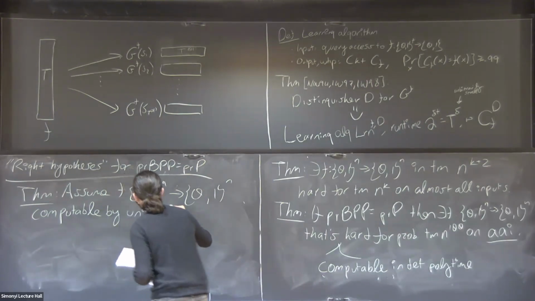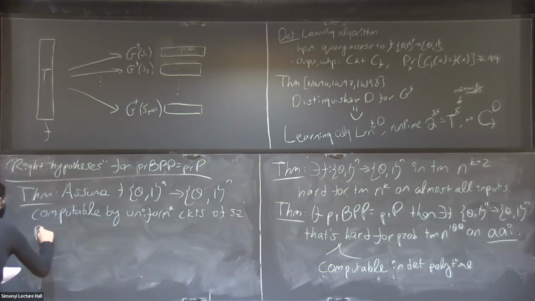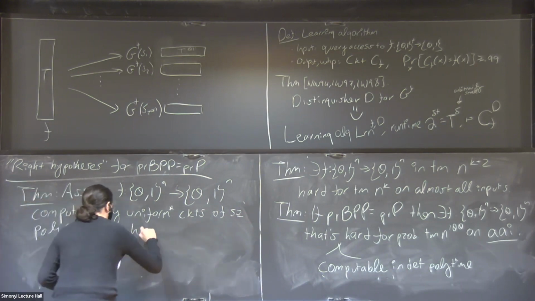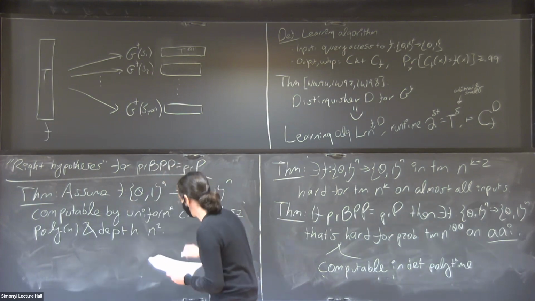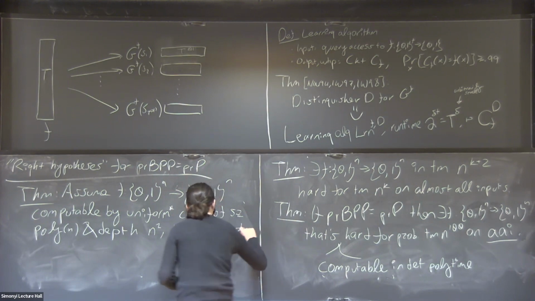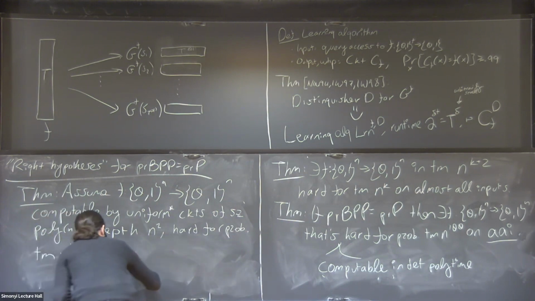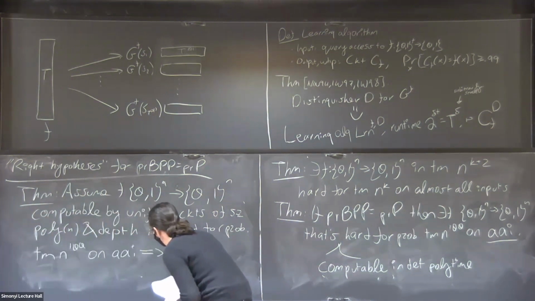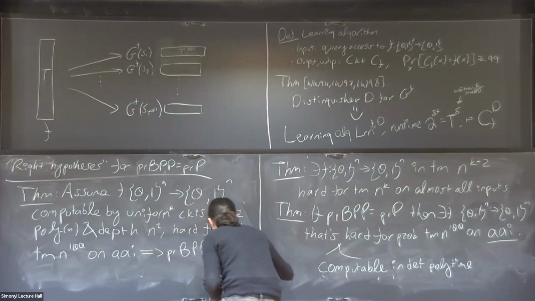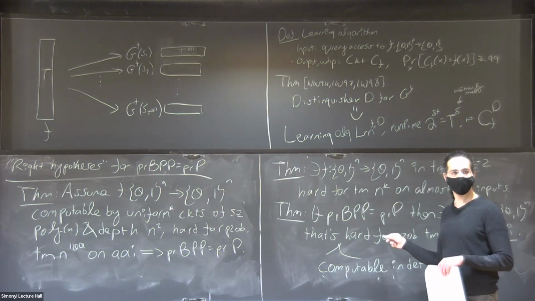I'm going to explain this in a second. Size poly n and depth n squared. That's hard for probabilistic time n to the 100 on almost all inputs. Then promise BPP equals promise P. And this is the complement to this statement. And now I'm going to explain it slowly.